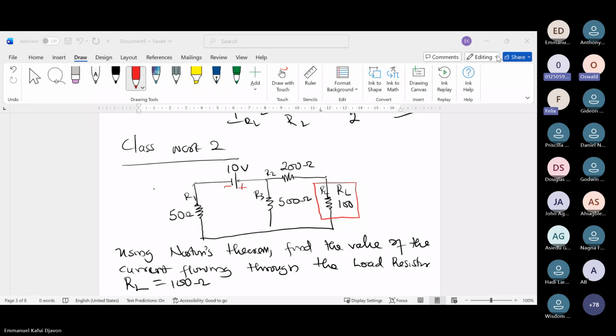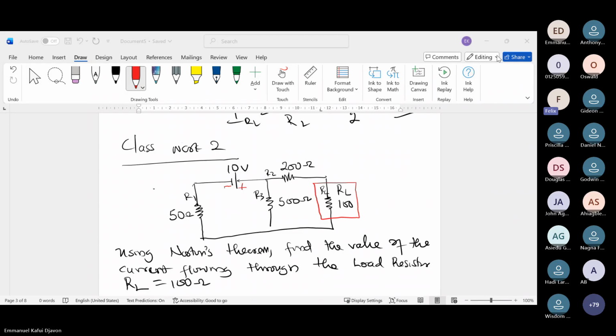The source is only one. I'm talking about the RL, which is 100. I'm not using that one. I'm using R2 and R3.